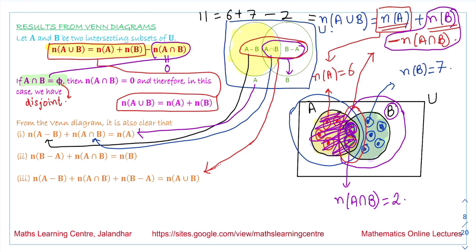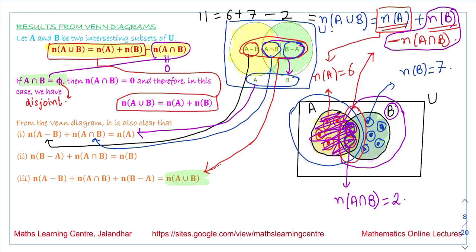So the number of elements in A minus B plus the number of elements in A intersection B and the number of elements in B minus A is equal to the number of elements in A union B.